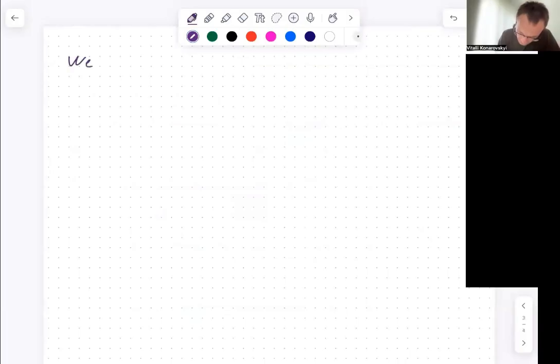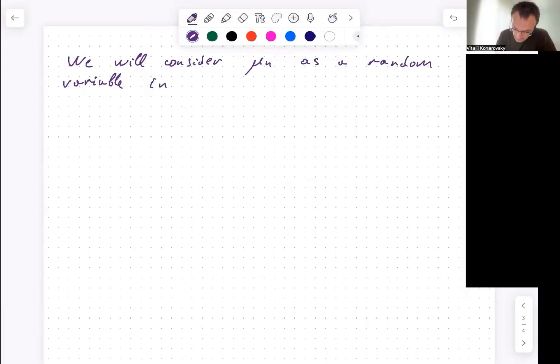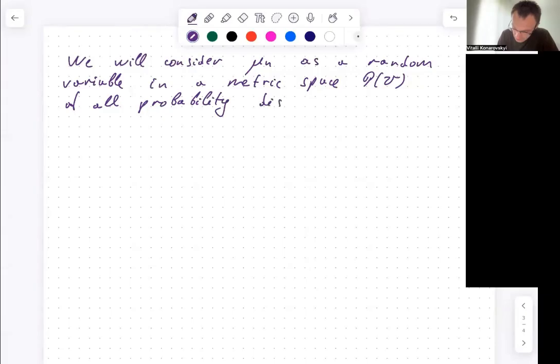So we will consider mu n as a random variable in a metric space, which we denote by P(U), of all probability distributions on U, equipped with a distance.